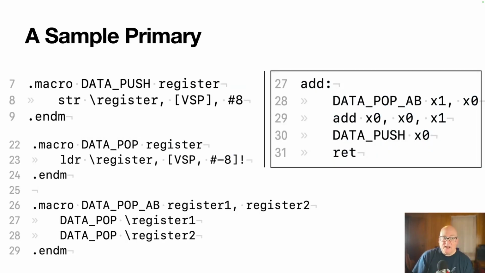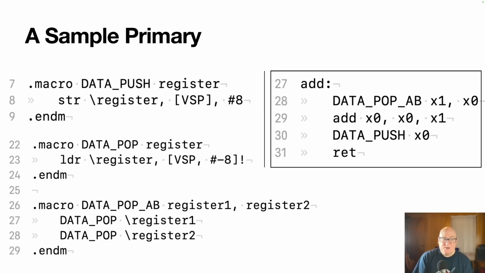All right, so let's look at a primary. On the left, we have the definitions we're going to use. They're very low level for us. We have a stack pointer. We call it VSP. That's a register we dedicated to being the runtime stack. And so pushing something is store it at the stack and increment the stack by 8. And then pop is the opposite: load something from the stack and decrement by 8.